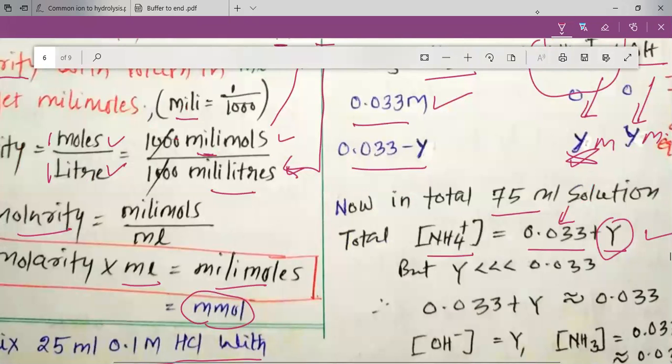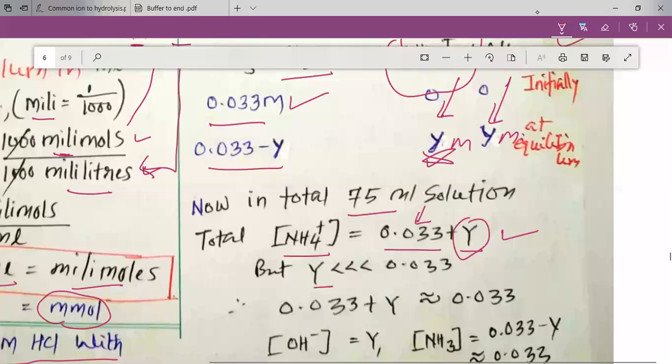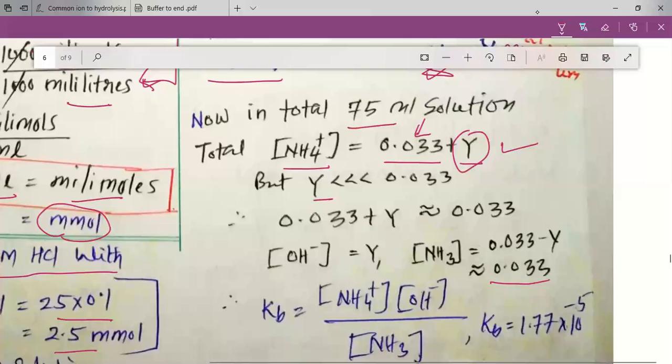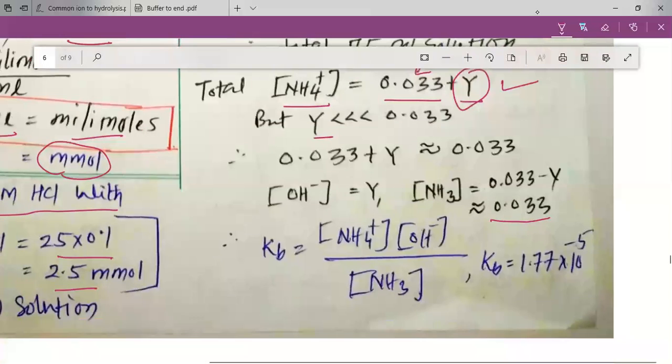Please remember that the total concentration of NH4 plus that we get is 0.033 plus Y. But we know that Y is quite smaller than 0.033, and therefore for 0.033 minus Y we will approximately write 0.033. Now we want to calculate the concentration of OH minus.